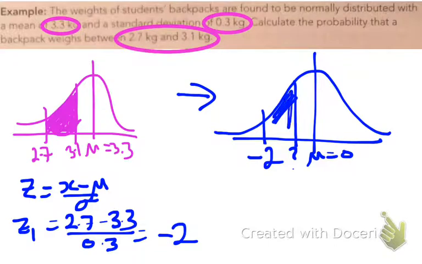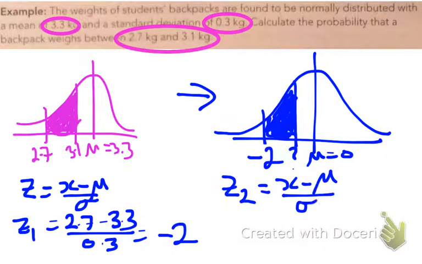And I'll just colour that area in to remind us that we're finding the area between those 2 points. Now we're going to find our second z value: x, take away the mean, over our standard deviation.